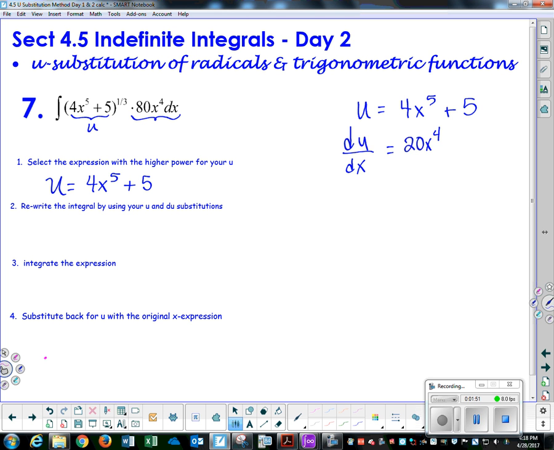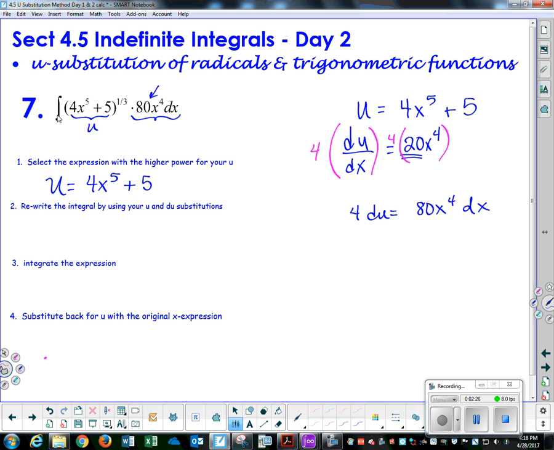Then I have to find a way to take care of the rest of the problem. Obviously, an 80 and a 20 are not the same. However, if I multiply both sides by 4, I can easily turn that 20 into an 80. So I have 4 du equals 80x to the 4th, and then I multiply both sides by dx to bring it over there.